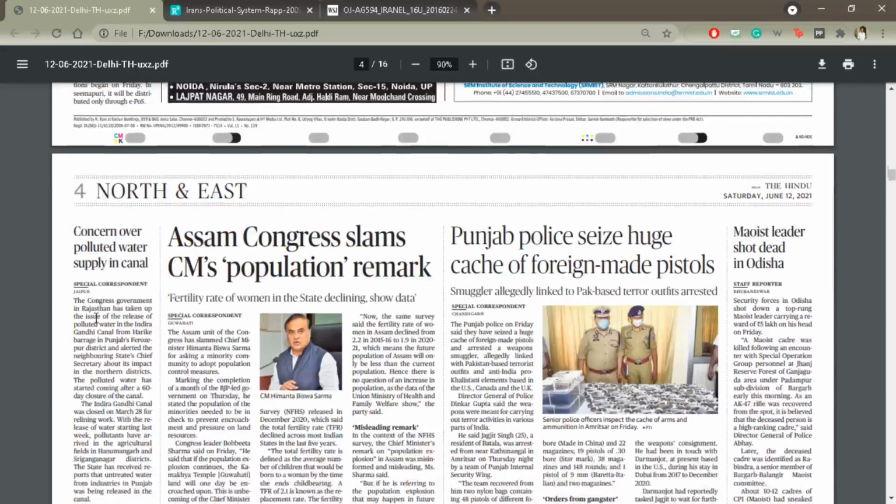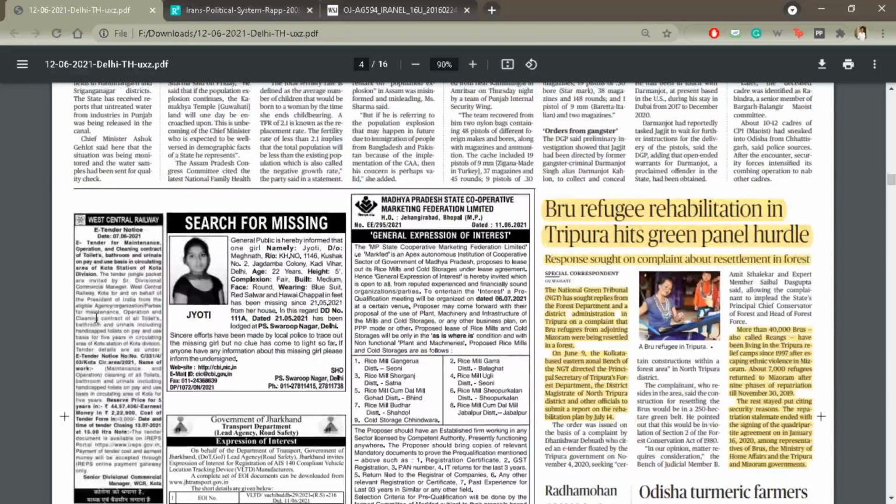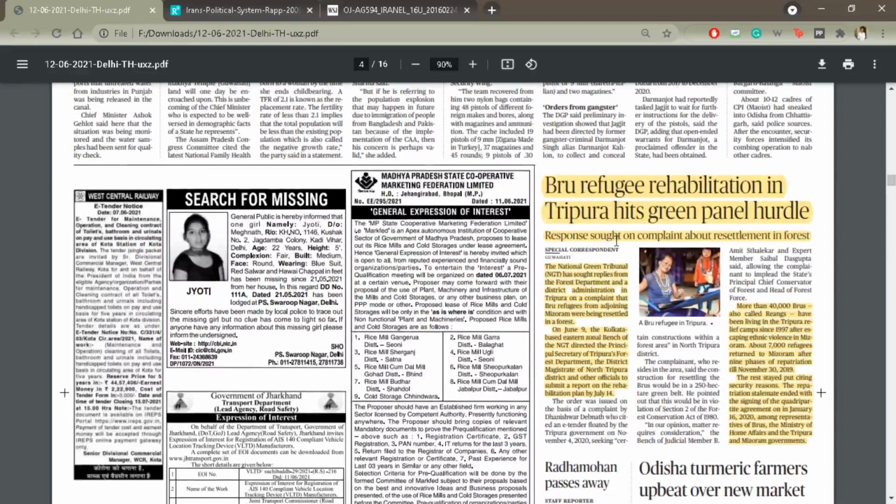Then moving on, Bru refugee rehabilitation in Tripura hits green panel hurdle. Bru refugees relates to an incident that happened in Mizoram, and those people have now been rehabilitated in Tripura. This is an internal displacement of people. Refugees are not just people who move from one country to another.